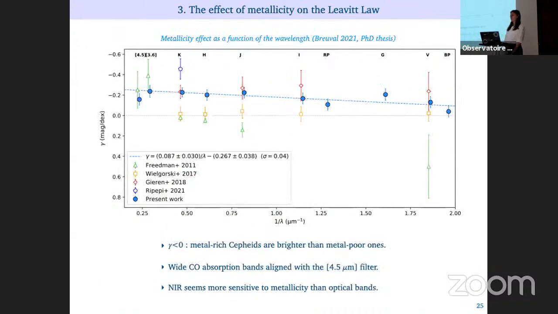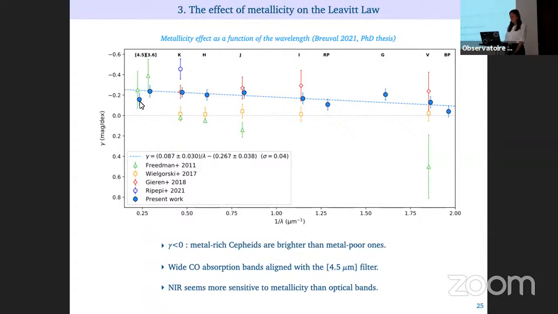And I repeated the same calibration in different wavelengths. So my results are in blue. I find a negative metallicity effect in all wavelengths from the mid-infrared to the optical in Gaia band. Here, the first point is in the 4.5 micron band of Spitzer.